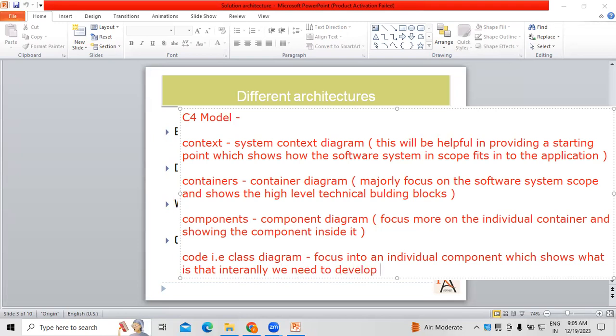Understood? Clear? Right. So these are the 4 different aspects which come under C4. This is where we call it the C4 model.